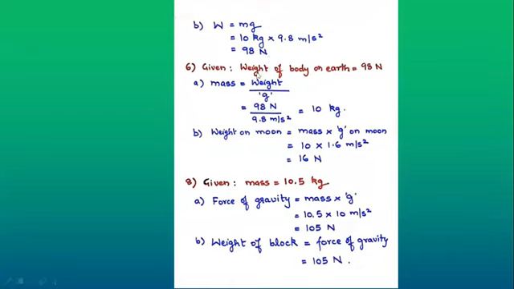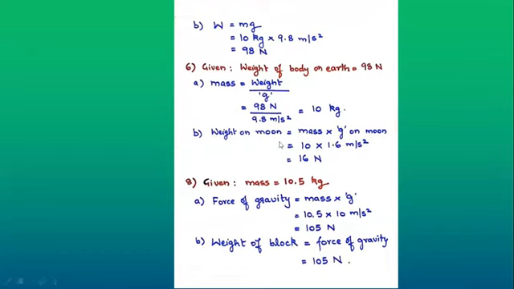Its mass on Moon, since weight is given as 98 Newton, first we will calculate its mass on Earth. So mass is equal to weight upon g, because we know W is equal to mg, m is equal to W upon g. 98 Newton upon 9.8 meter per second square, 10 kg. And since mass of the body does not change from place to place, so its mass on moon also will be 10 kg.